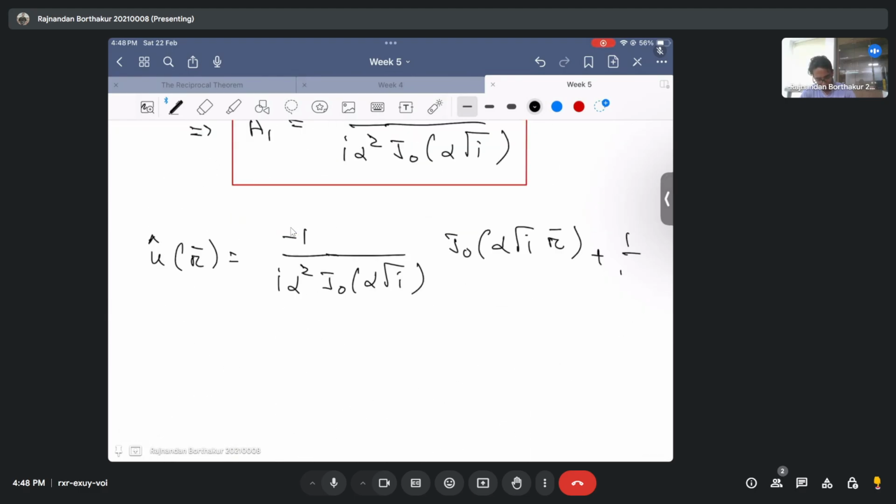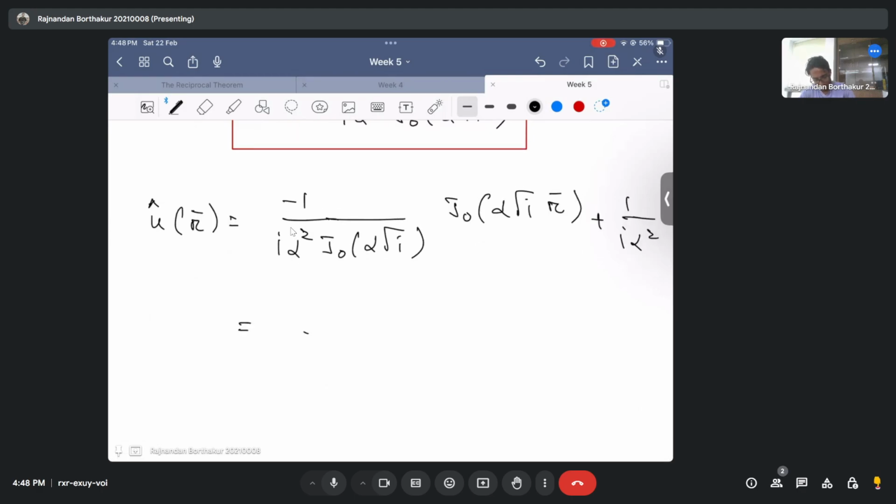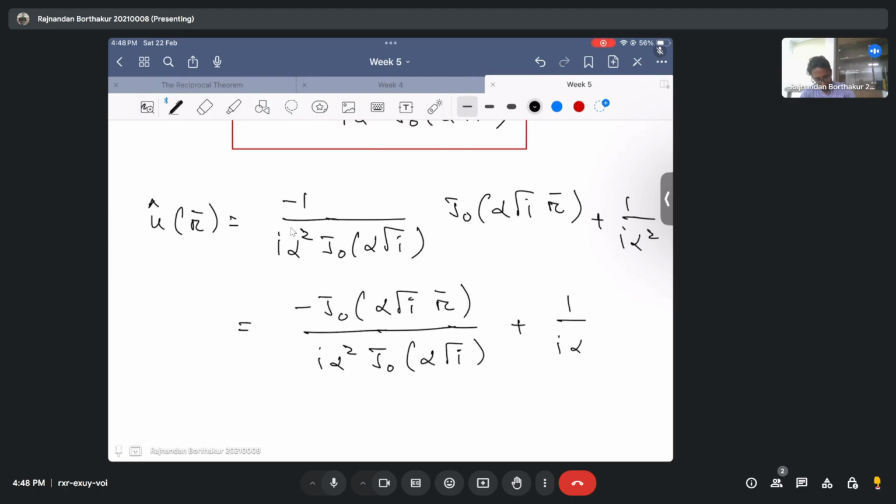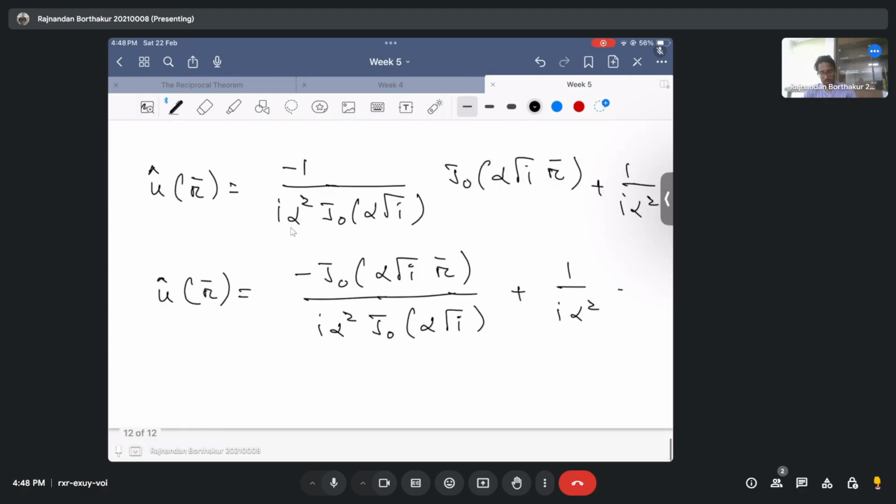Okay. Which I can maybe write as minus J0 of alpha root i r bar over i alpha squared J0 of alpha root i, plus 1 by i alpha squared. Okay. That is u hat of r bar.